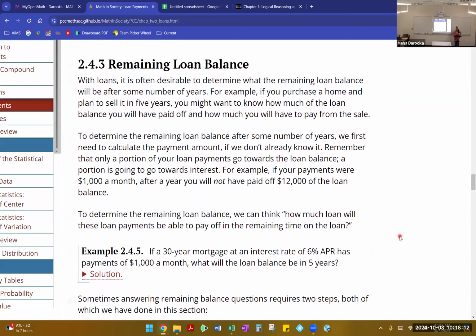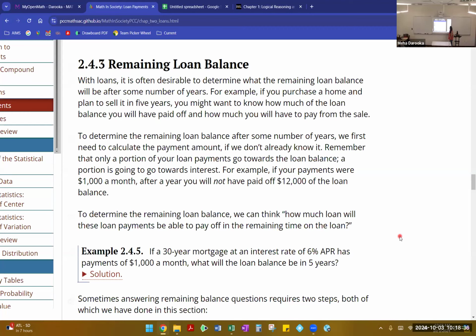So if you purchase a home and plan to sell it in 5 years, you might want to know how much of the loan balance you have paid off and how much you will have to pay from the sale of your home. So to determine this remaining loan balance after however many years, we actually first need to calculate our payment amount, if that is something we don't know already.